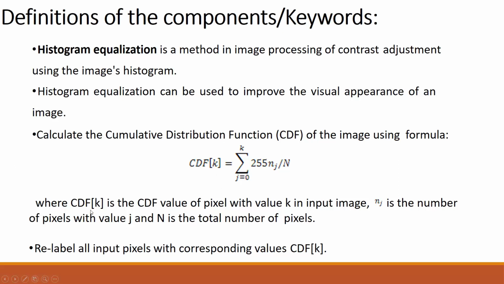So CDF of k is the cumulative distribution function value of the pixel with value k in the input range, and n_j is the number of pixels with value j, and N is the total number of pixels. So relabel all the input pixels with the corresponding values CDF of k.